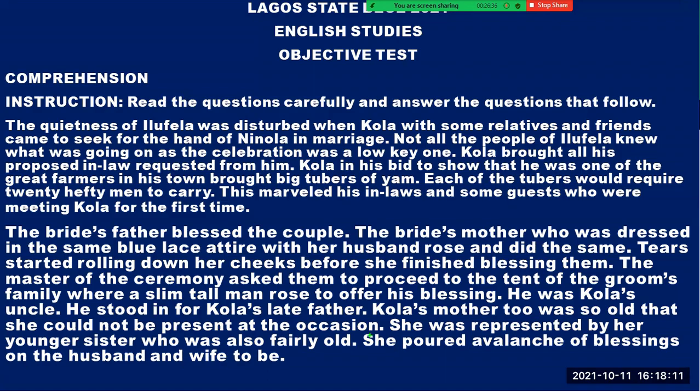So we are looking at the groom's mother who was absent, and the reason is clear, because she was so old that she could not be present at the occasion. So we can beat our chest because we have seen the evidence.